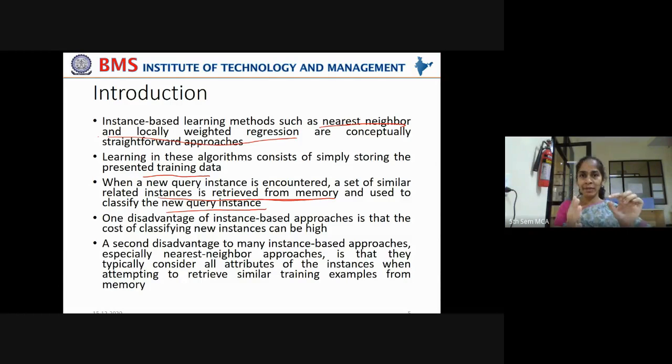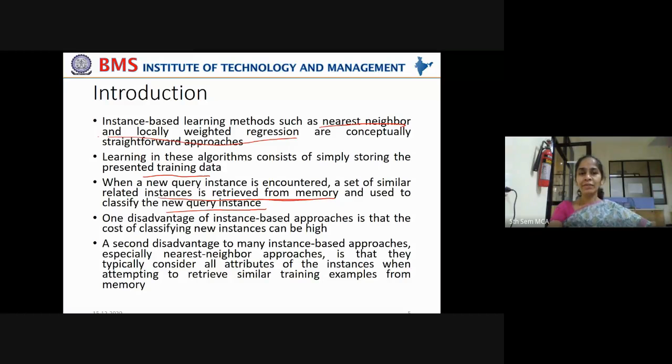Those examples will be retrieved from memory, and out of these 4 examples, say it is matching more with 3 of them and less with 1 of them. Most of the data points are in a particular class and only 1 data point in another class. So obviously, based on majority vote, it will belong to this class, not that class, right? That is how the classification is done.